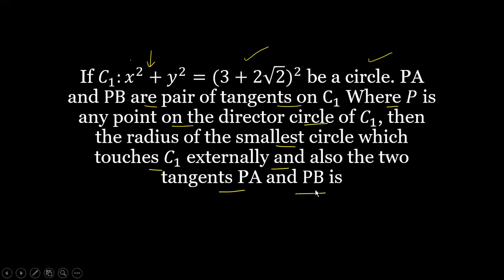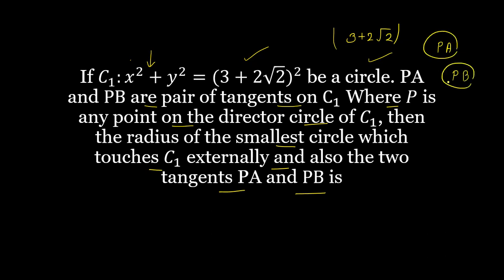So in this problem, we are given a circle which is C1 and whose radius is 3 plus 2 root 2, and it is given in the question that PA and PB are the tangents which are drawn to circle C1 from the point which lies on the director circle of C1. You know the director circle is the locus of the point of intersection of a pair of perpendicular tangents.